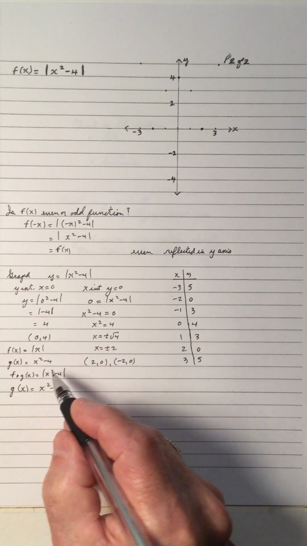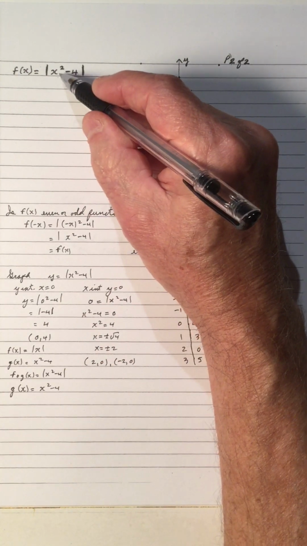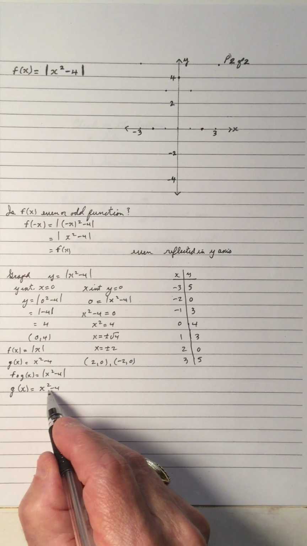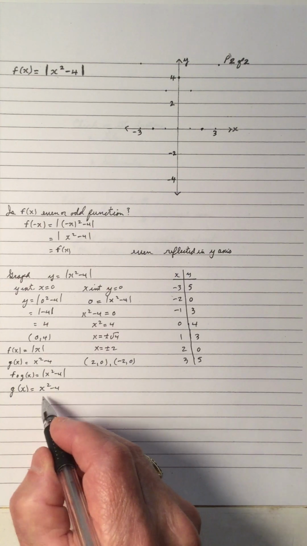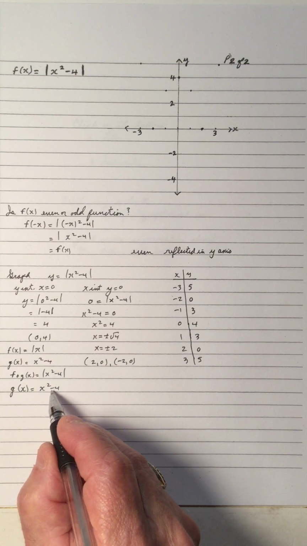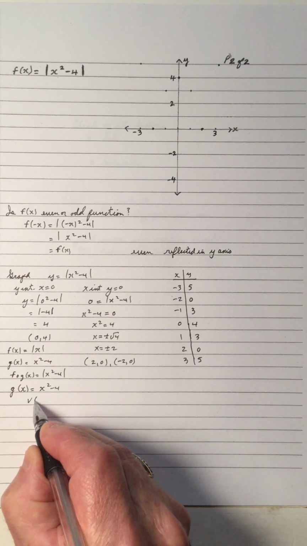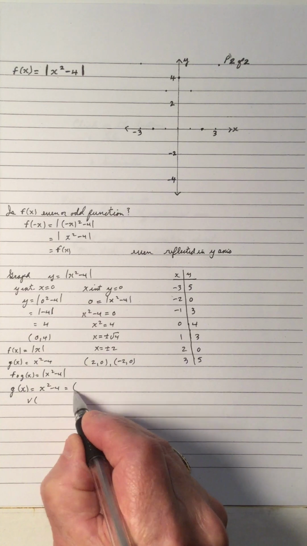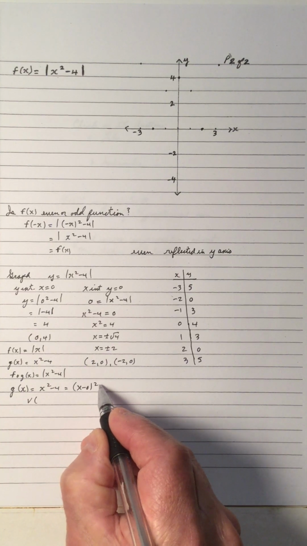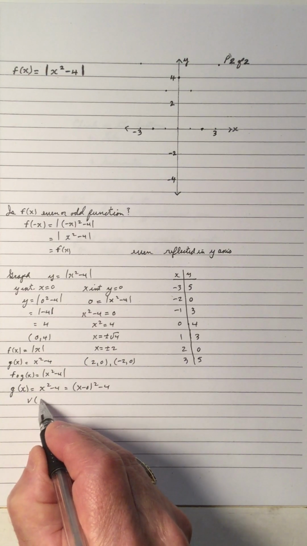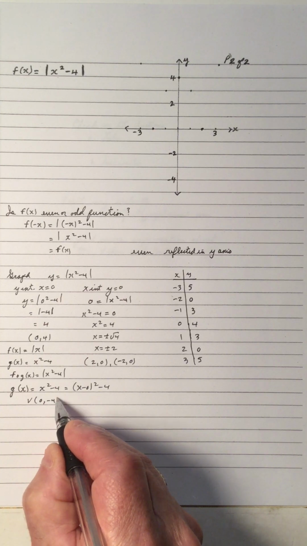So the inside of this, I'm going to call it g of x, is a parabola. And if this is a parabola, then we have the vertex, with no brackets, so we wrote it like this. Then the vertex would be 0, negative 4.